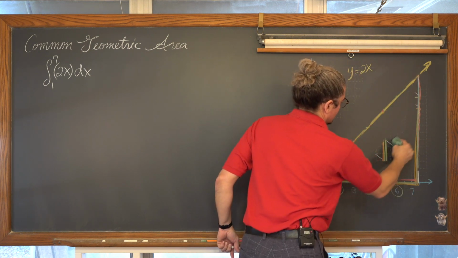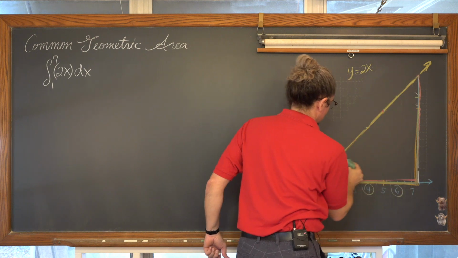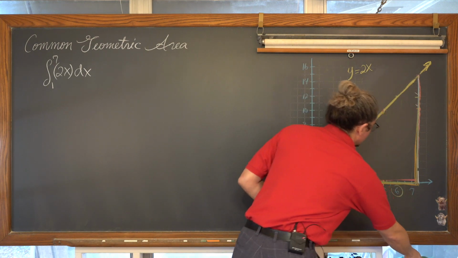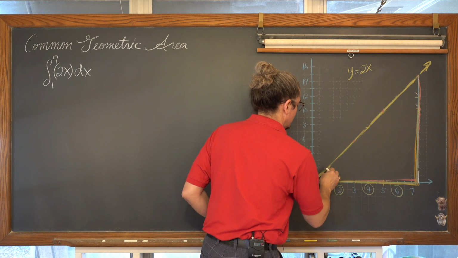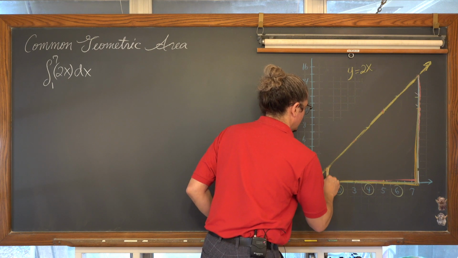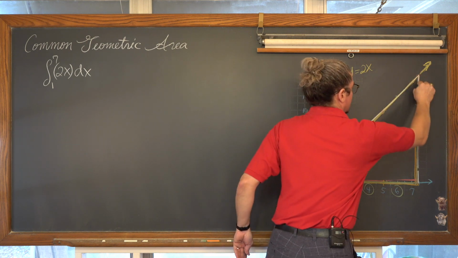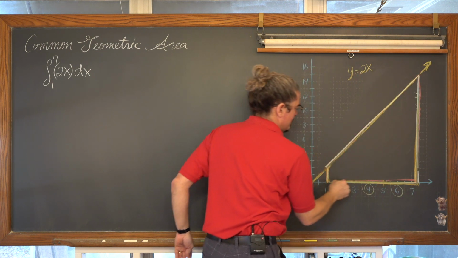You can make your life a lot easier with certain integration problems in calculus if you recognize that the region which you're trying to find is a region that you learned how to find the area of in geometry.